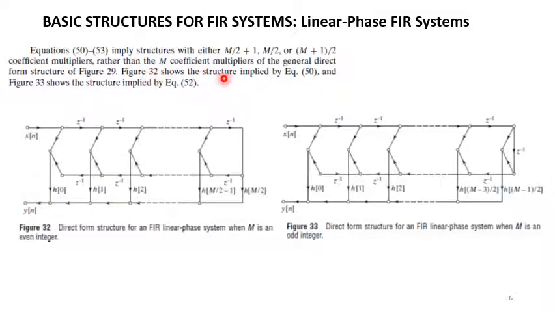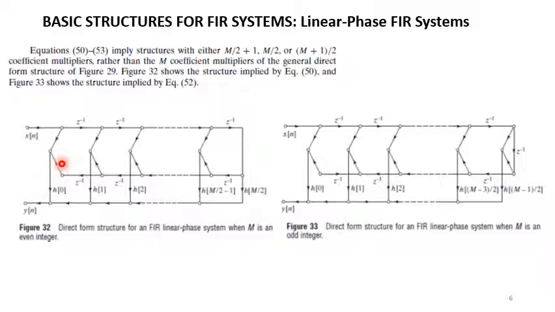Here we have drawn the structures implied by equation 50, and figure 33 shows the structures implied by equation 52, that is for m even and m odd respectively.